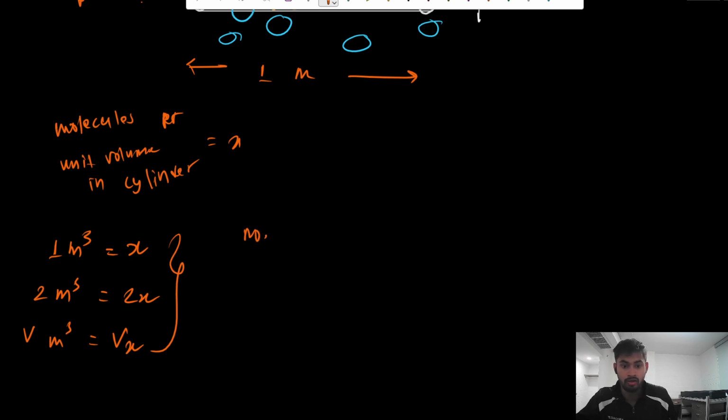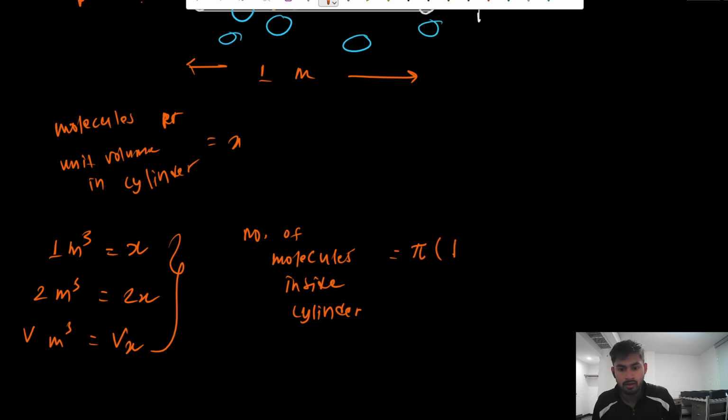Now, to compute the number of molecules inside the cylinder, it would be pi d squared times x, which is basically V times x.